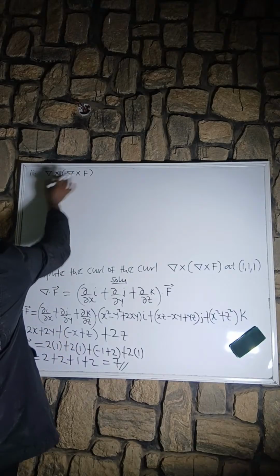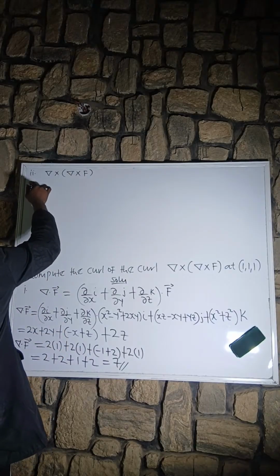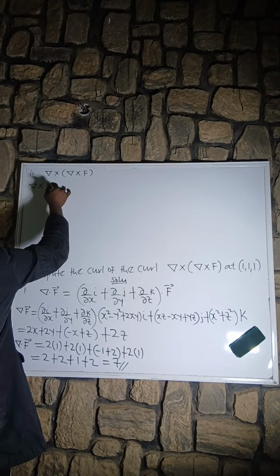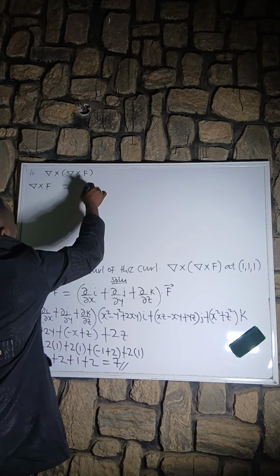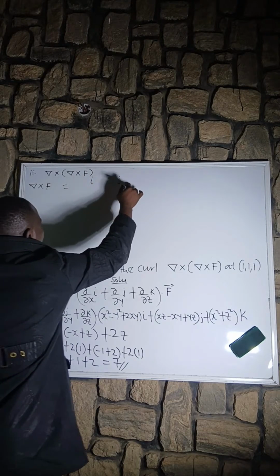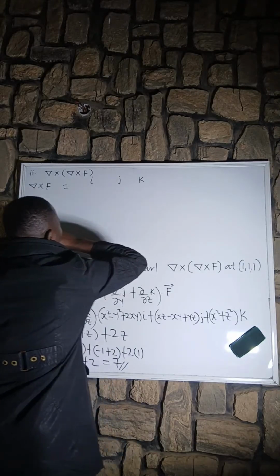Let us first consider this. So it means our curl, the cross vector, will now be equal to i, j, k.